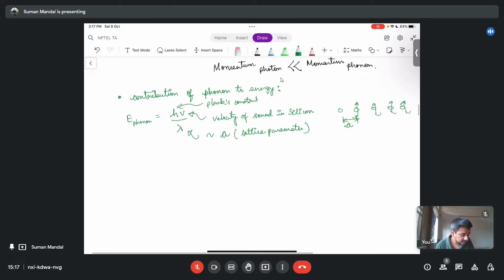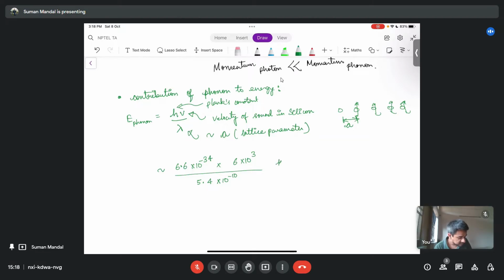So now if we put all these values here, it is 6.6 into 10 power minus 34 into the speed of sound in silicon. Let this be approximate, I'm not exactly sure, but let it be around 6 into 10 power 3 meters per second. And the lattice parameter of silicon is around 5.4 into 10 power minus 10 meters, which is 0.54 nanometer.